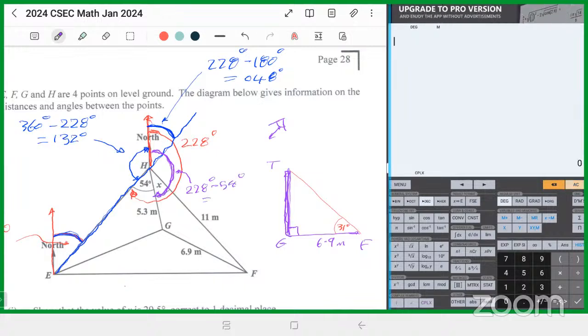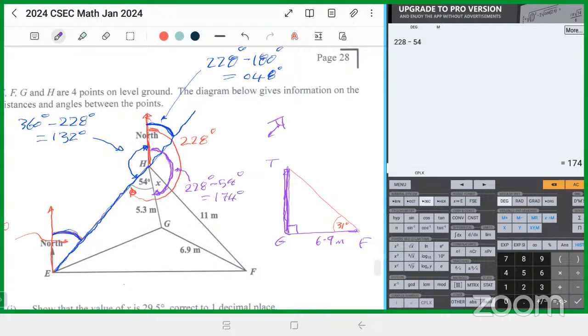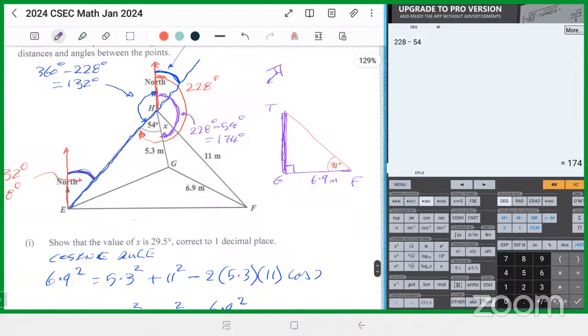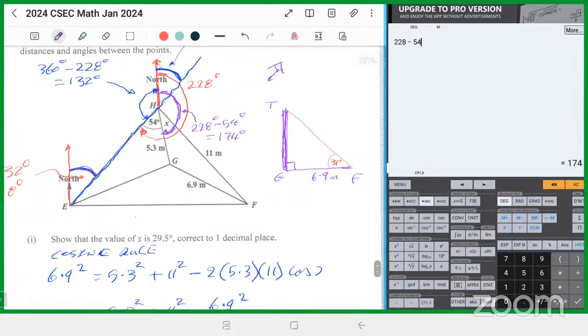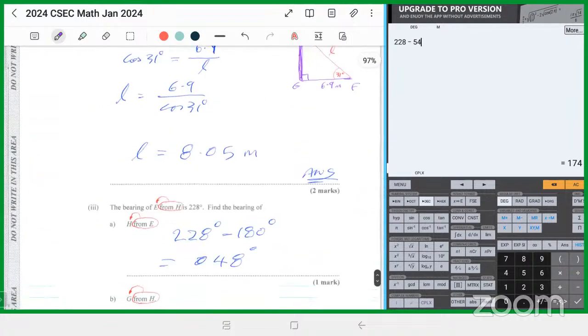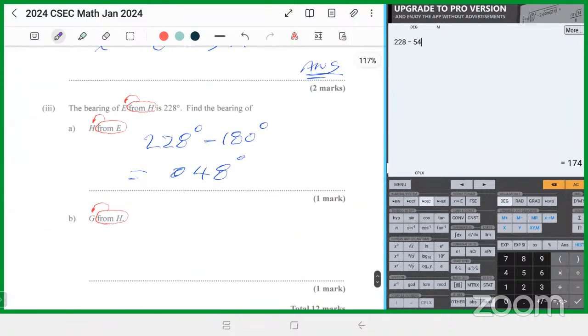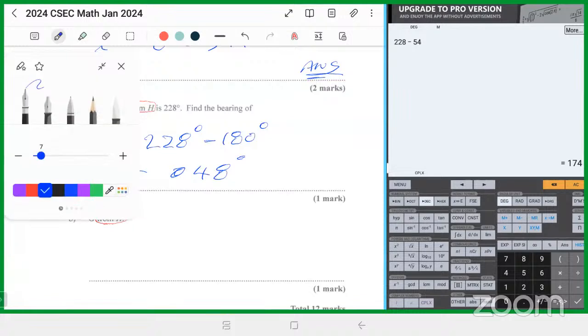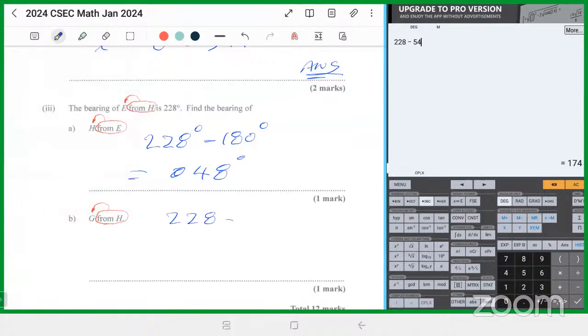That's the angle that I want. 228 minus 54, that's 174 degrees. The whole thing minus 54, yes. Just double checking: this becomes equal to 228 minus 54, and we got 174 degrees.